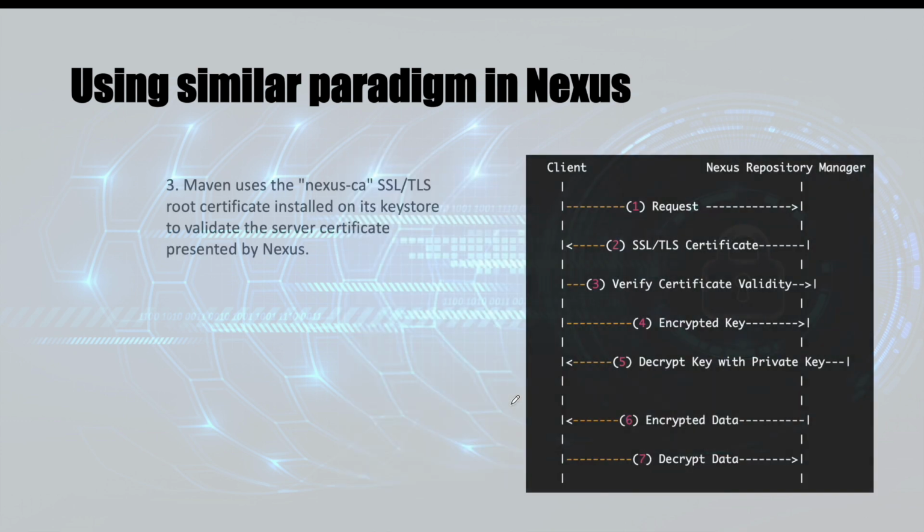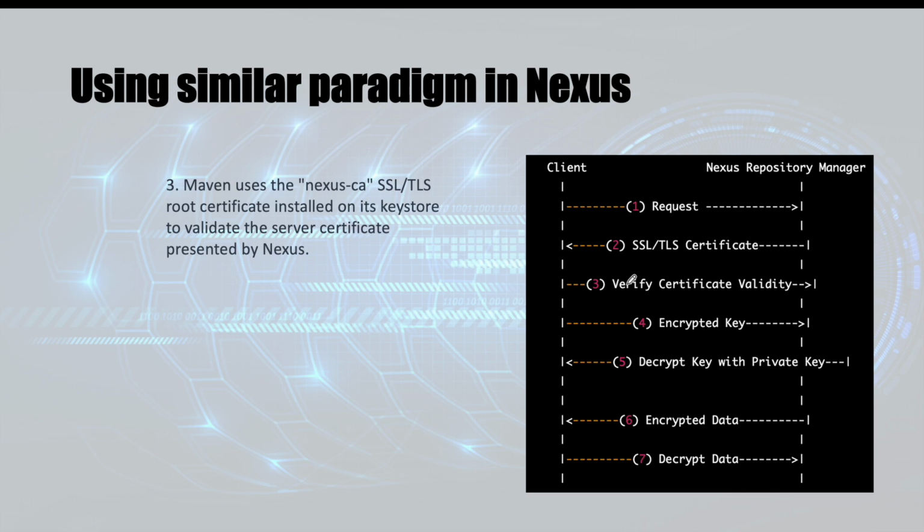So what happens here is the same thing: the client will request the certificate, it will get the certificate, and then in step 3 it has to verify that the certificate is valid. What Maven does is it uses an alias called Nexus CA alias, which is basically the root certificate installed on the keystore of the client side where Maven is running.